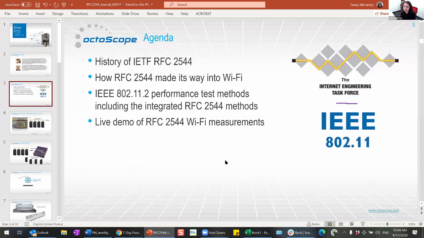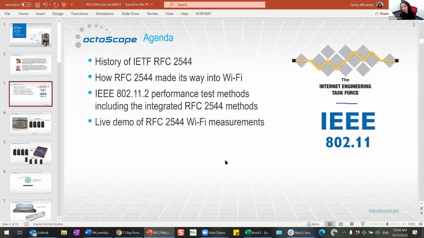We'll talk about a more recent specification from IEEE 802.11.2, which covers performance testing. I was also there. I was actually one of the founding members of that group at IEEE. It was TGT, and we got T for that group, task group, T for test. We were very happy about that.